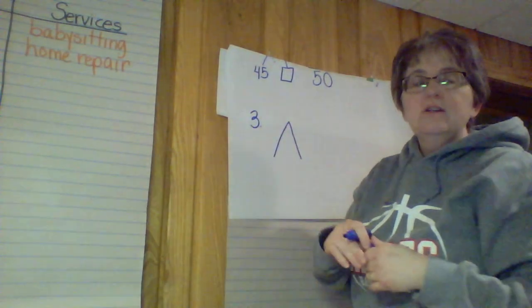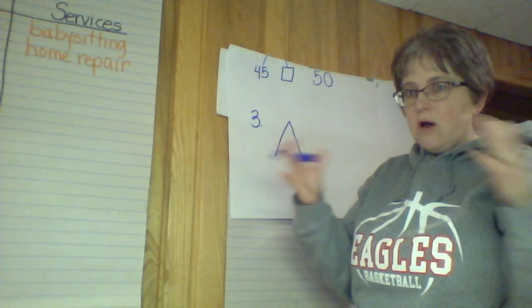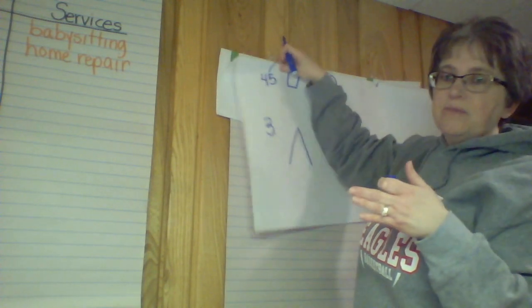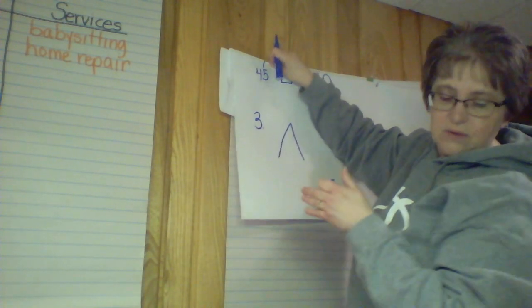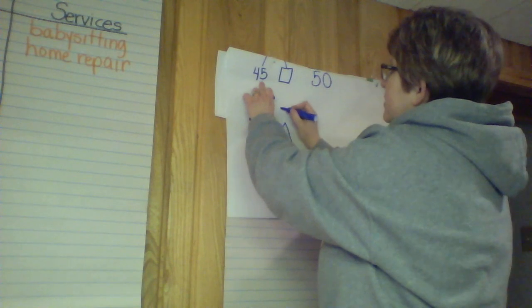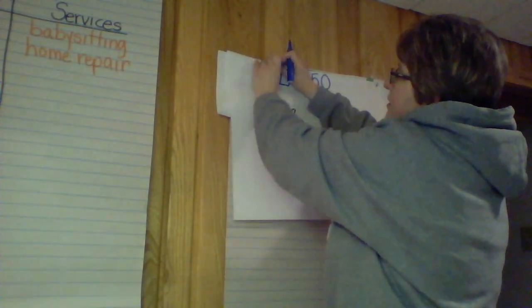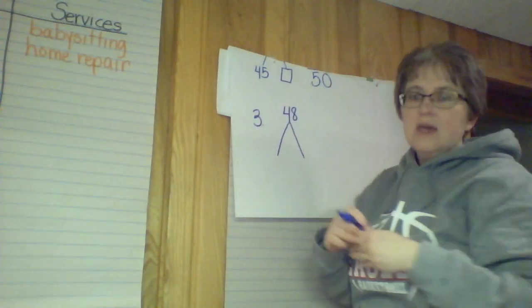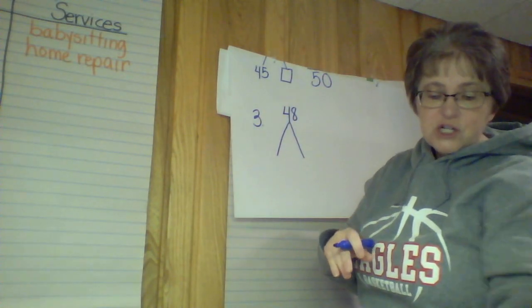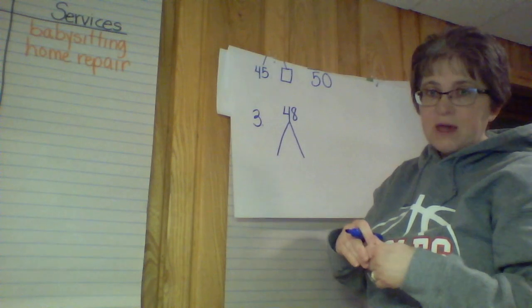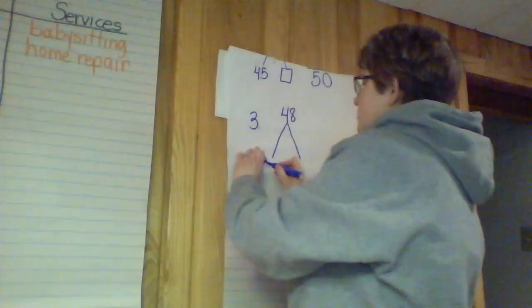Okay, she had a piece of ribbon. Do we know how long the ribbon was altogether? It is 45 inches long, or 48, excuse me. So 48 inches long. Okay, so that's the top. She used how much of it to make her bow? 32.